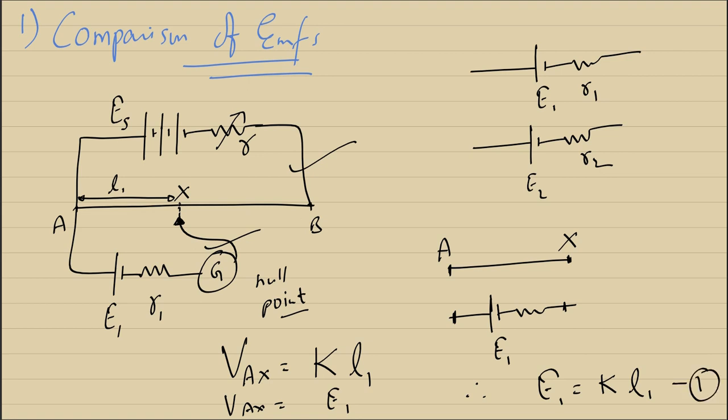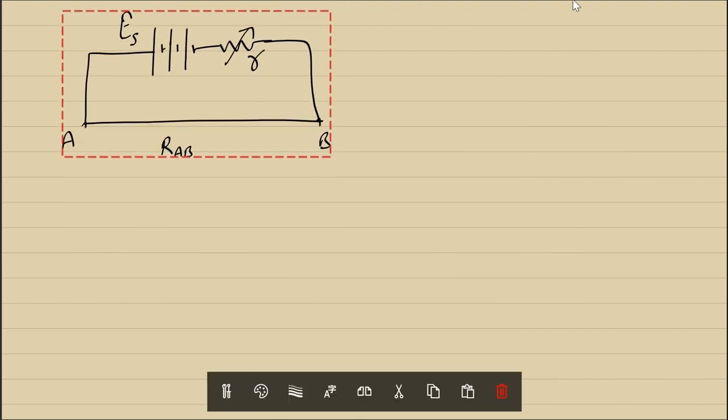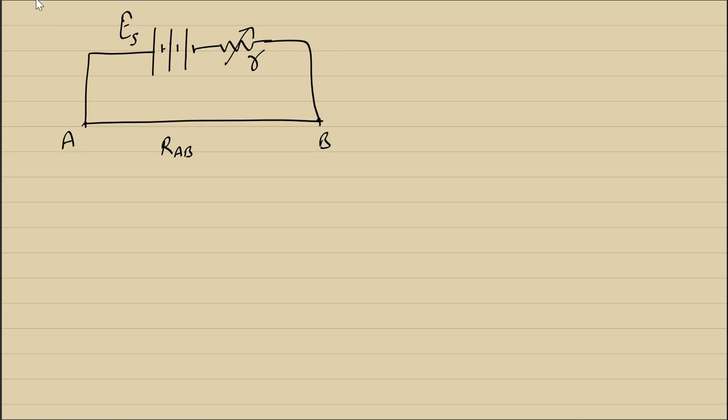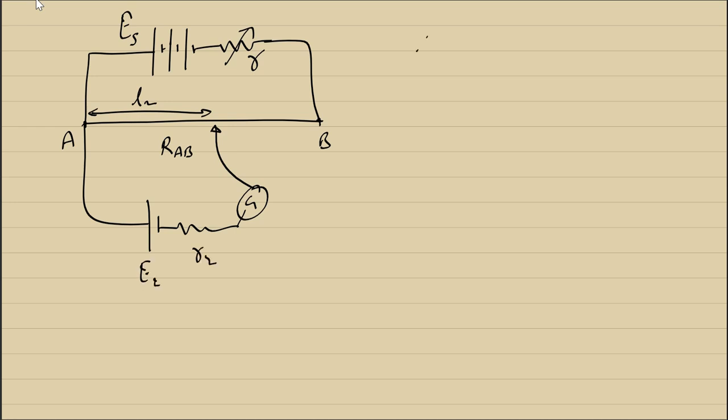Similarly, if you connect the other cell in the same manner and again find the null point, suppose we get the null point at length L2. This is E2 and this is R2. Therefore, using the same concept, E2 equals K times L2, our equation number 2.